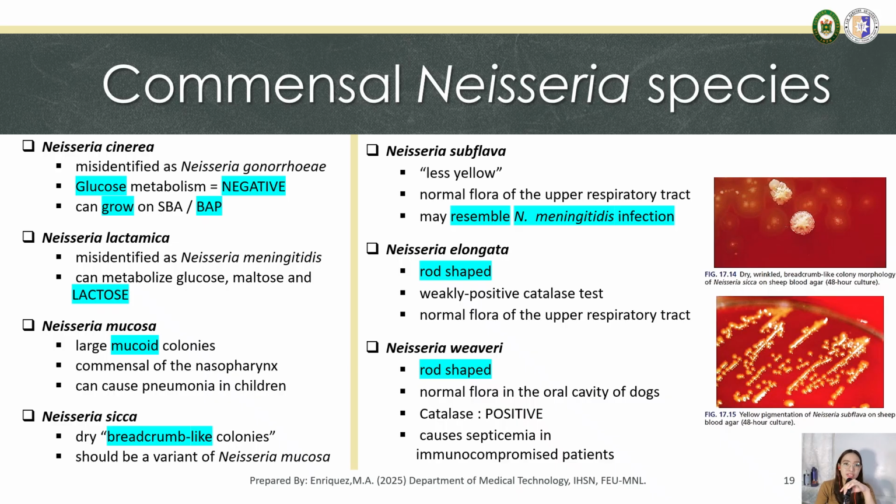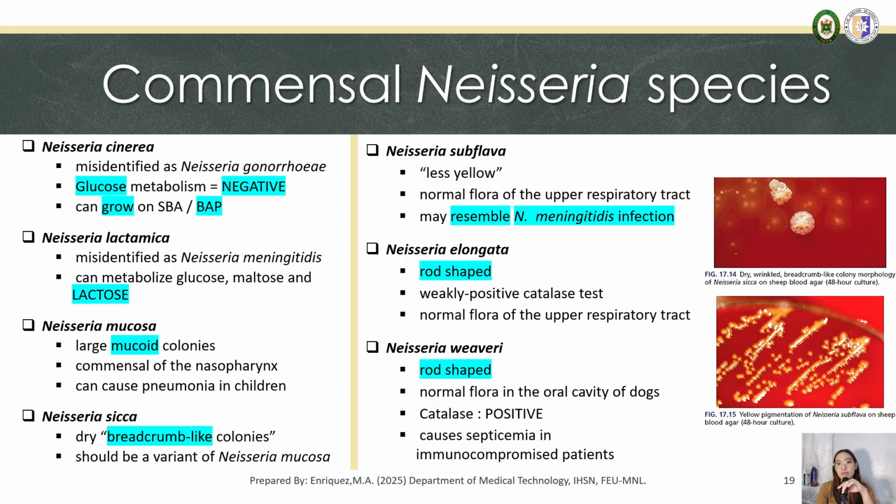Neisseria elongata is a commensal in the upper respiratory tract and is considered an opportunistic pathogen. Now, several cases linking Neisseria elongata to endocarditis have also been reported. Neisseria weaveri is a normal oral microbiota in dogs and can be found in humans in infections following dog bites.